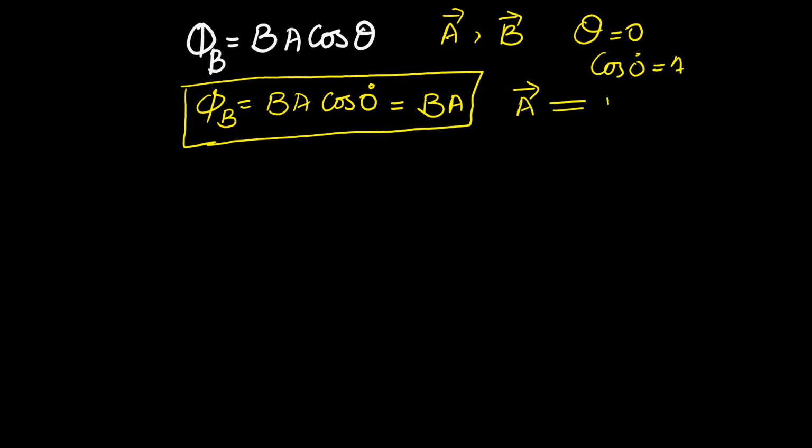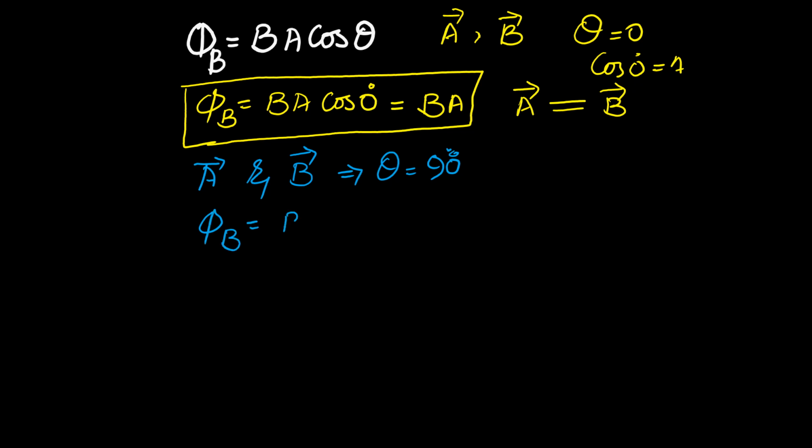So in such a situation magnetic flux will be maximum when the area vector A is parallel to the magnetic field. In case the angle between area vector and magnetic field line becomes 90 degrees, in such a situation, we can write the equation again: magnetic flux phi B is BA into cos of theta.